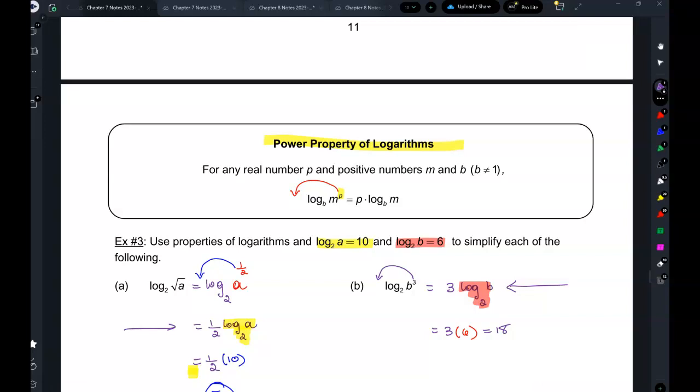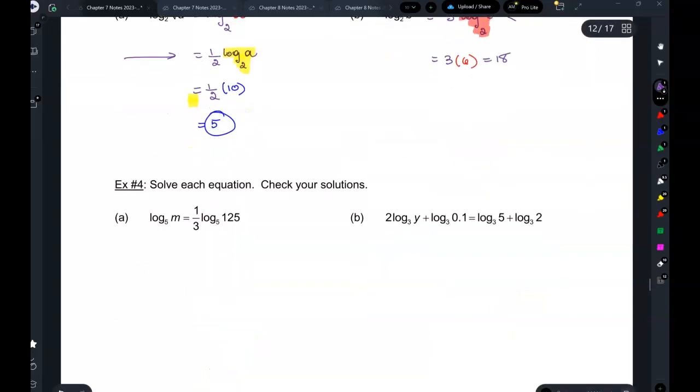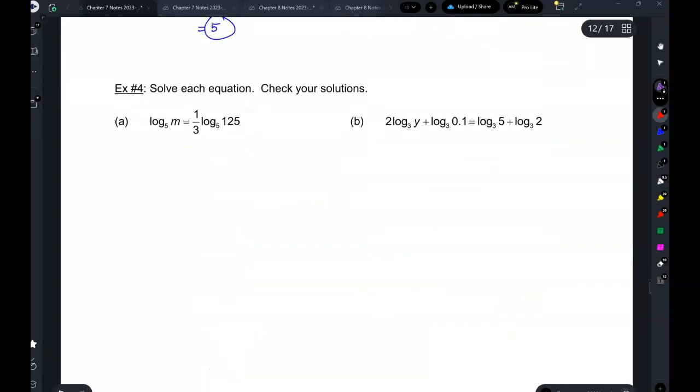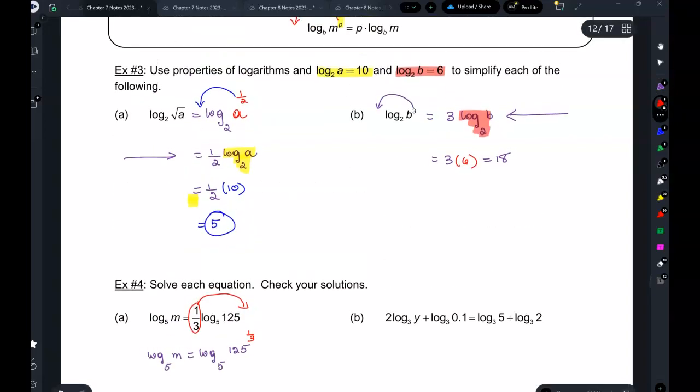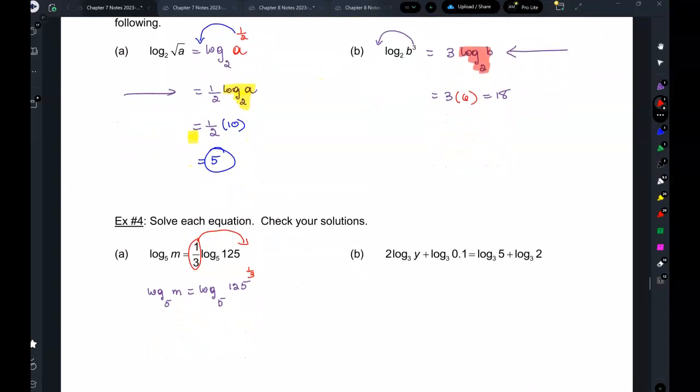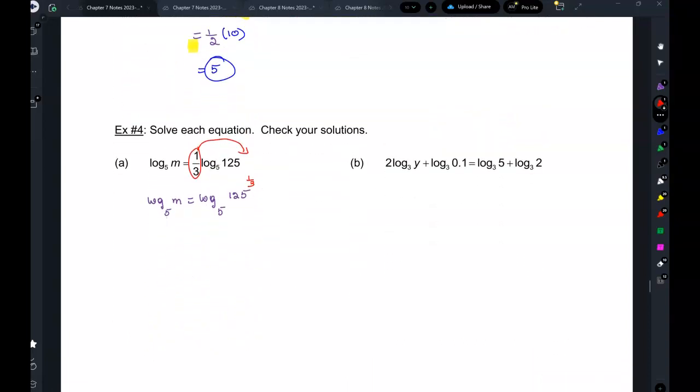But you could also just move it back up and make it an exponent. So over here, this 1/3 is down here, but you could always move it up and make it an exponent. So this becomes log base 5 of m equal to log base 5 of 125 to the 1/3. So this is going with this property. If it moves down, it could also move back up, depending on what your needs are.